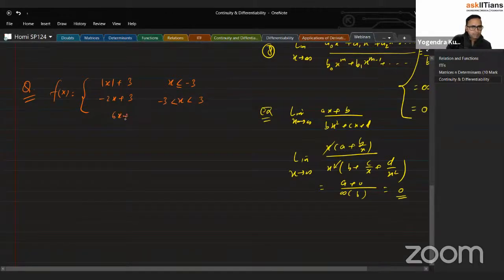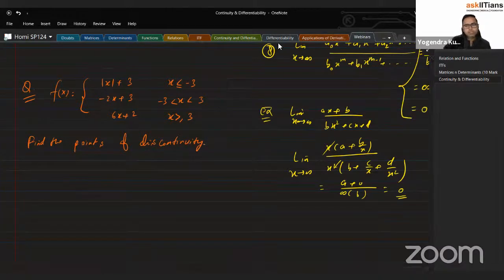And 6x plus 2 when x is greater than or equal to 3, right? This is what is given, guys. So now the question is what? Find the points of discontinuity. Tell me, guys, what will be the points of discontinuity for this?